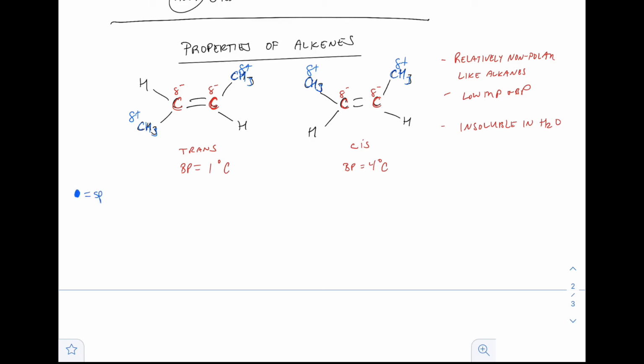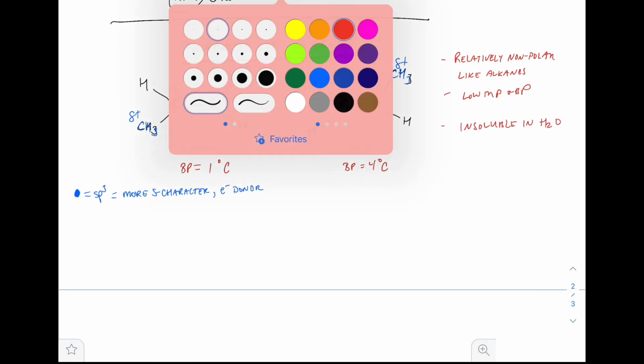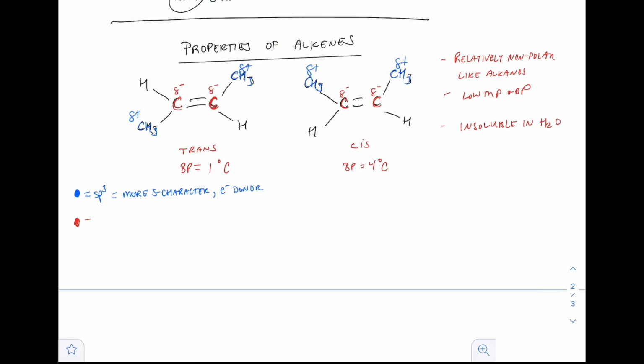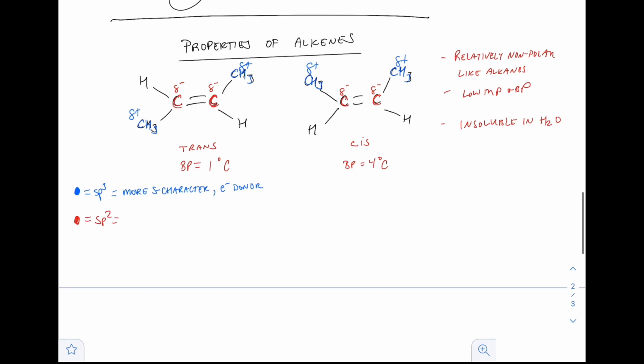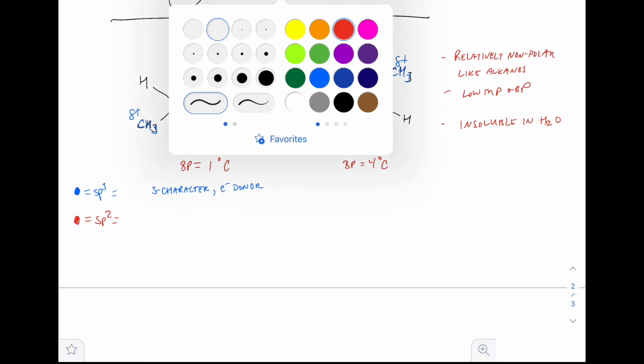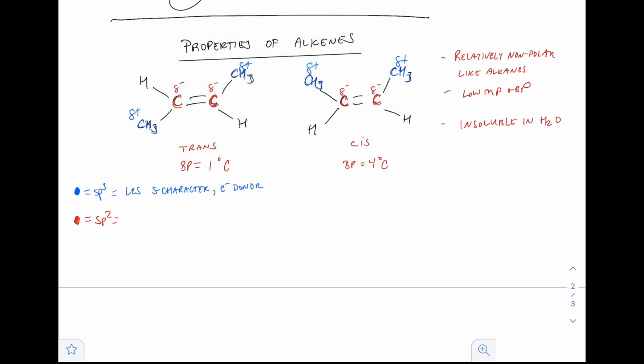There's not much of a dipole there, but there is, because those blue carbons are sp3, which means it's going to have less S character. It's going to be an electron donor, as we saw before with those R groups being electron donors. And then the red one is an sp2 carbon. Ooh, you almost made that mistake real quick.